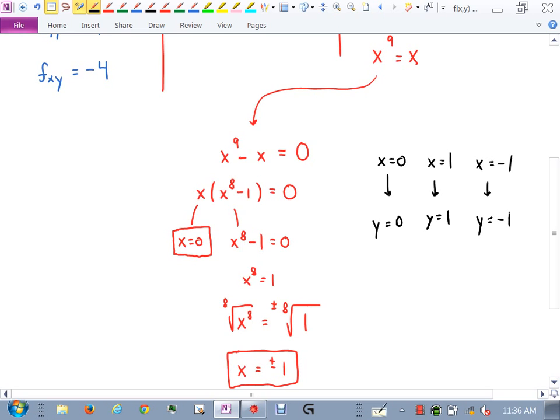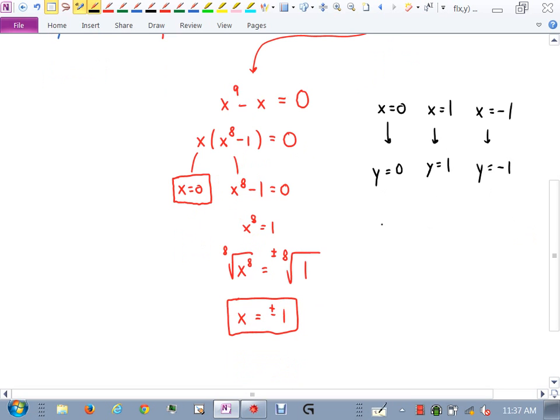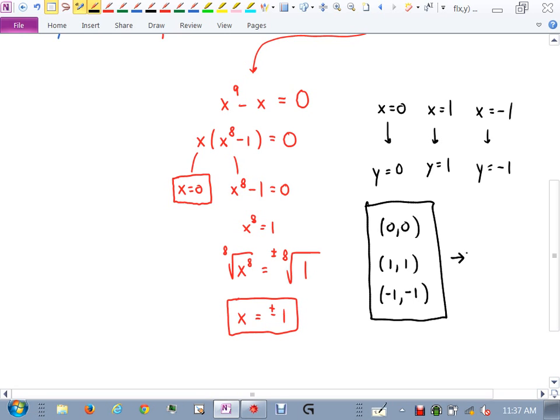So now we have 3 potential points that we have to check. The points are (0, 0), (1, 1), and (negative 1, negative 1). Those are my (a, b)s, so to speak.